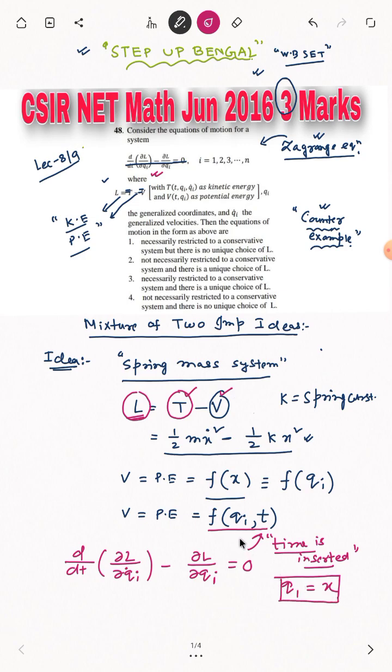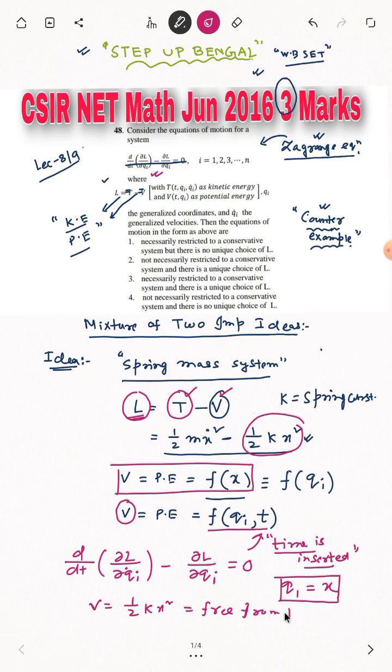What is new, we should mark. Whenever in the expression of V we don't have t, such as in this particular example, if you see that V is half k x square, that is free from time.